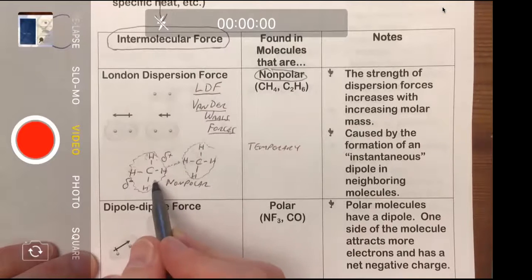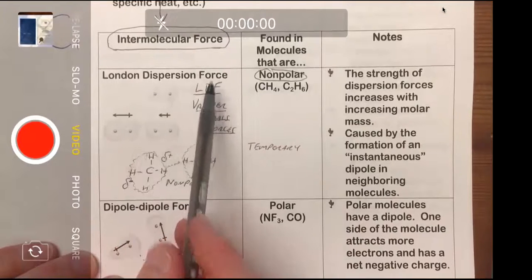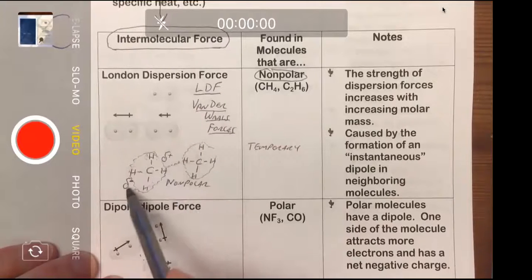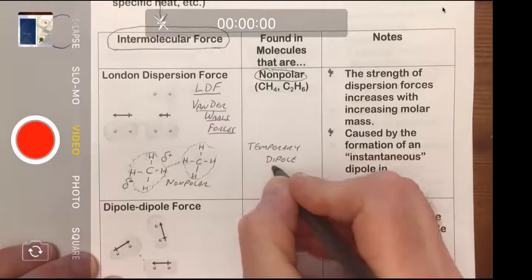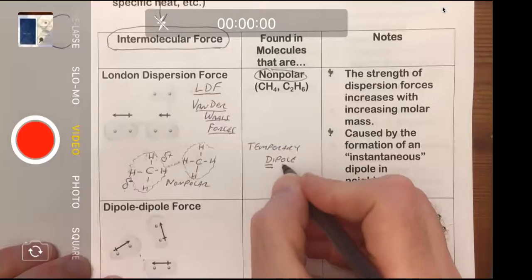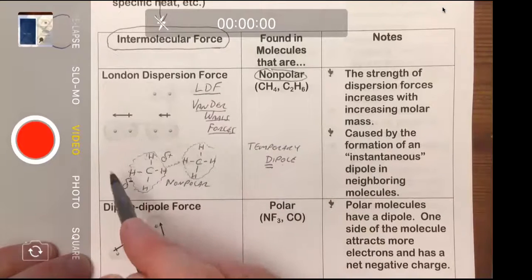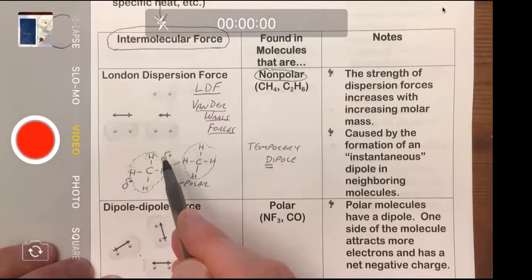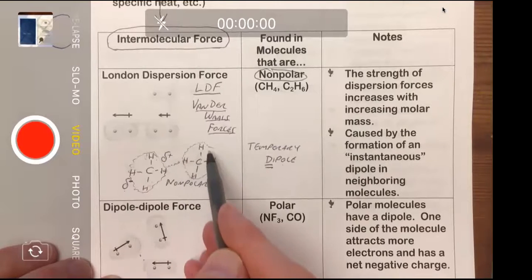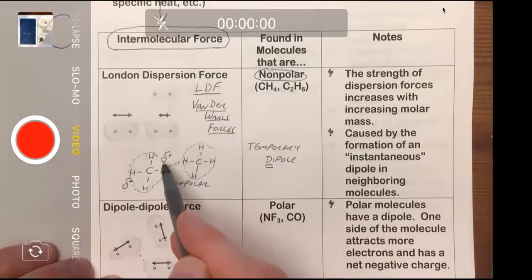But here's what happens, and this is what creates a London dispersion force. This temporary moment of rearrangement of charge creates what we call a temporary dipole. Di means 2, pole means you've got a positive and a negative, a north and a south. So the electrons are kind of gathered over here for just a quick hot second, which makes this side of the molecule positive. Now the electrons on this molecule are going to respond because I know that electrons want to be close to a positive charge.